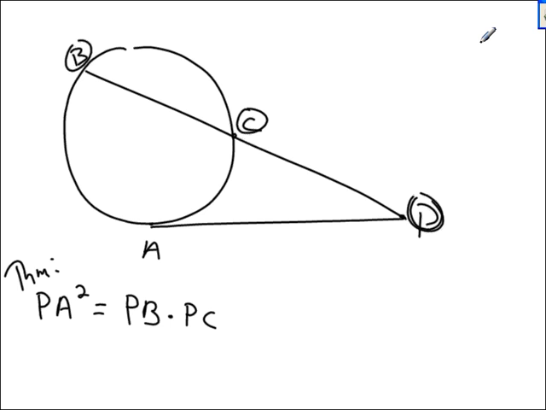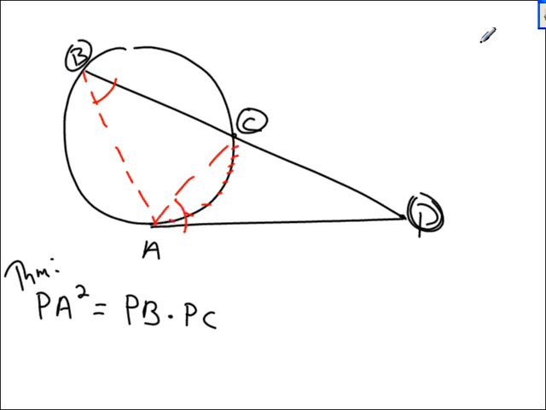Well, what I would do is I would make one big triangle, BAP, and another triangle, ACP. Now, notice that this angle cut off this arc, and so did angle B cut off that arc.